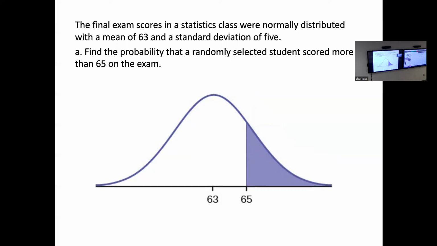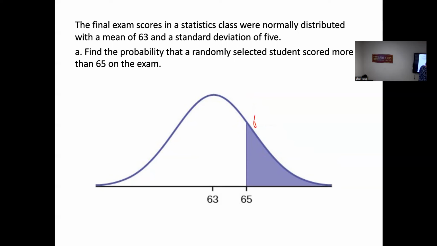So you want the probability that X is greater than 65. If the mean is 63 and the standard deviation is 5, what's the probability of randomly selecting a student whose score is greater than 65?